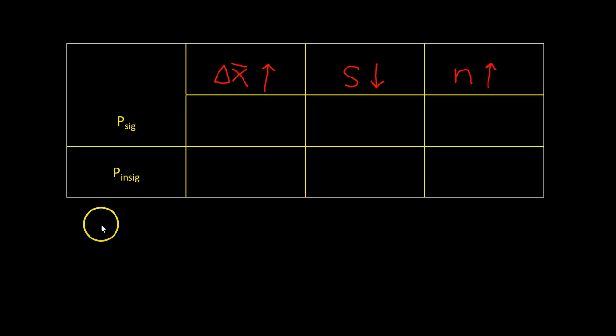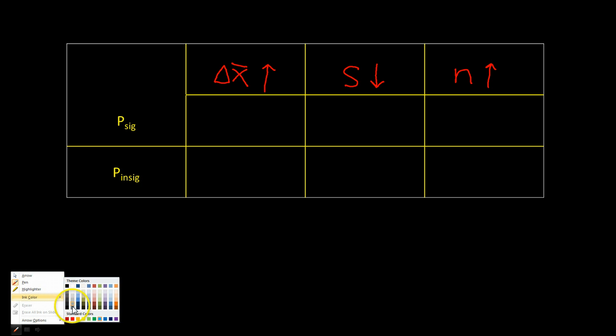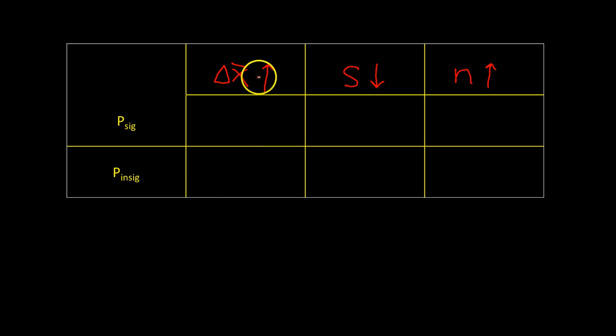So to summarize what we took home from that, hopefully we'll find that as we increase the difference between the two means, our p sig increases, and as our standard deviation, the dispersion around that mean, decreases, we also increase, right? As those get narrower, we increase.